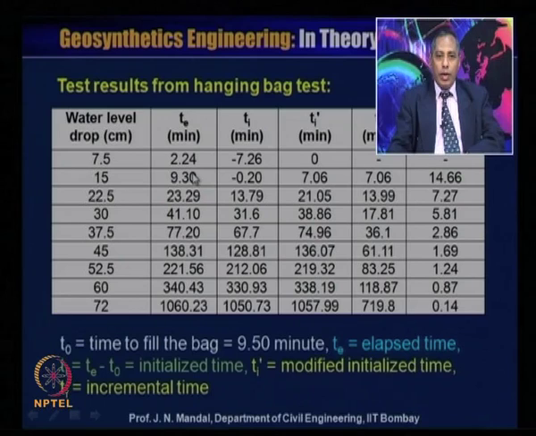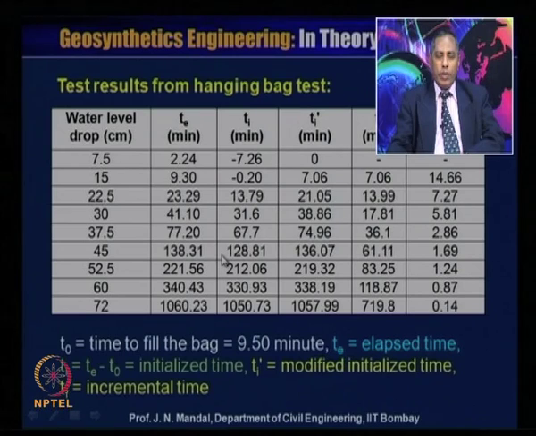Next, 9.30 minus 9.50 gives minus 0.20. Next, 23.29 minus 9.50 gives 13.79. Then 41.10 minus 9.50 is 31.6. 77.20 minus 9.5 is 67.7 minutes.